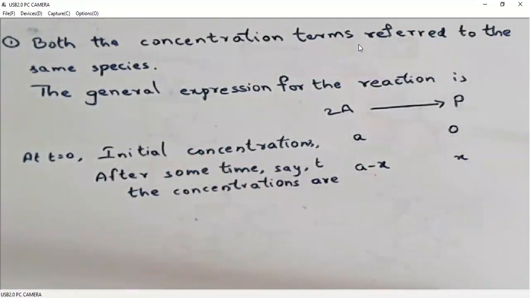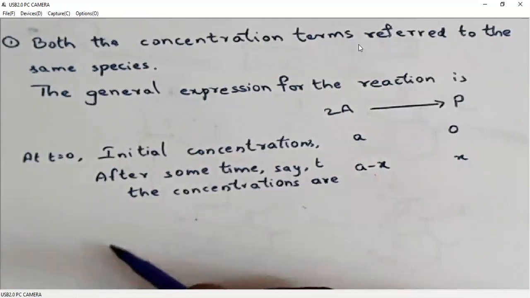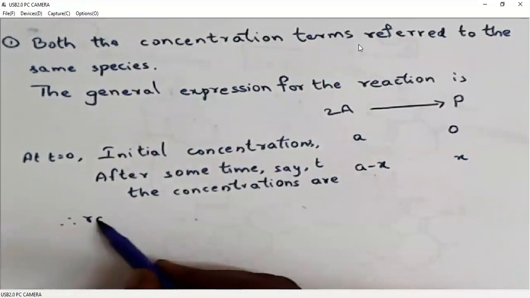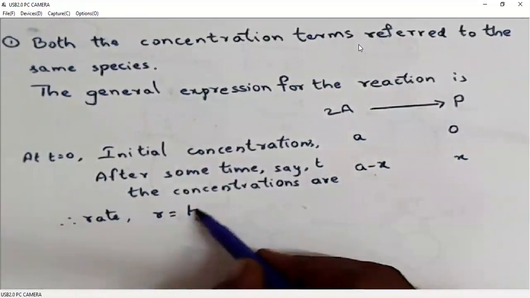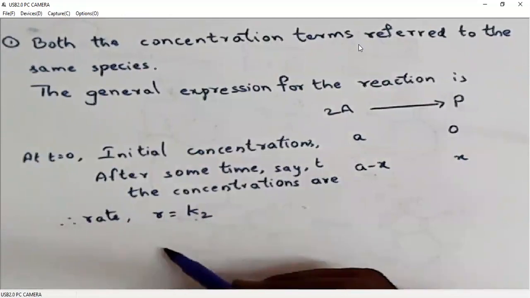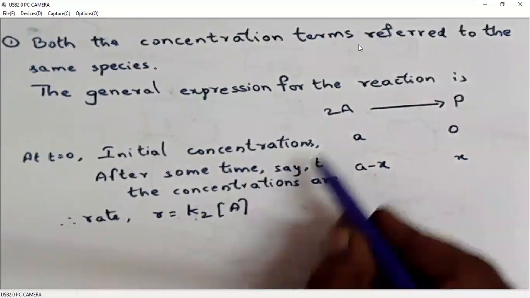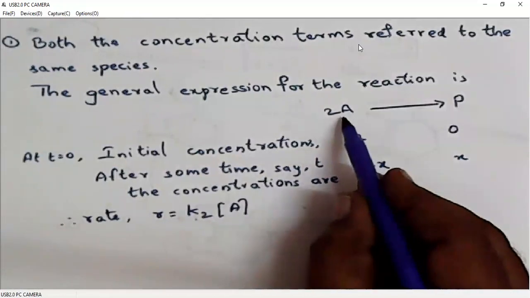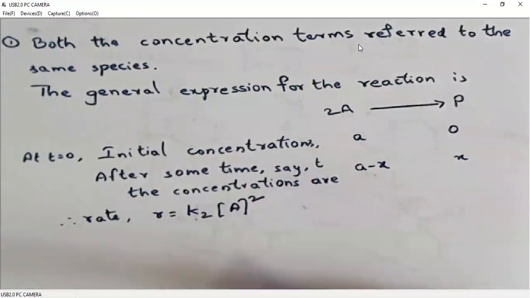Now we can write the rate expression for a second order reaction. Therefore, rate R is equal to some constant. Here it is a second order reaction, so we will take k2, and the reactant is A. Because it is depending two times, we will take A square.